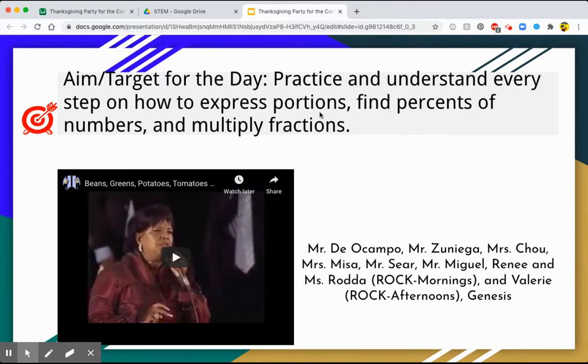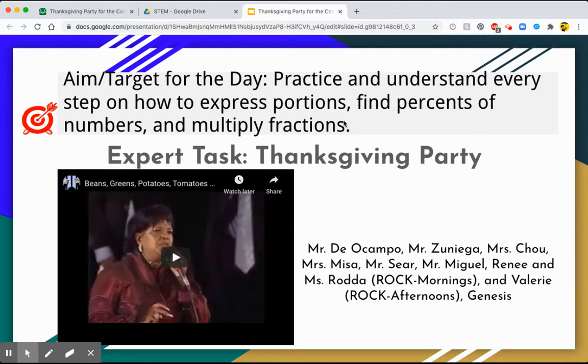This is something that we've worked on: find percents of numbers, which we worked on last week, and multiply fractions, which we worked on earlier this week. So today's lesson was more of a review of past assignments or past work. And this assignment is talking about a Thanksgiving party.